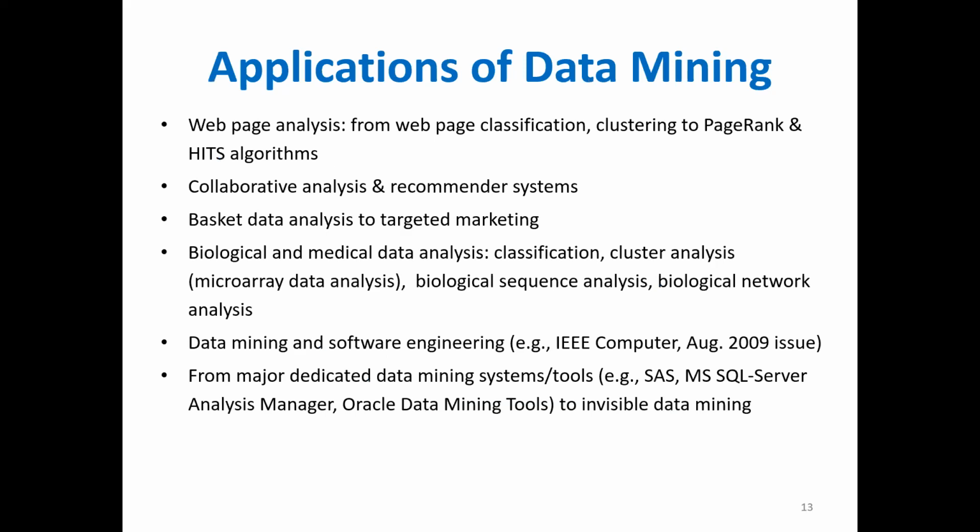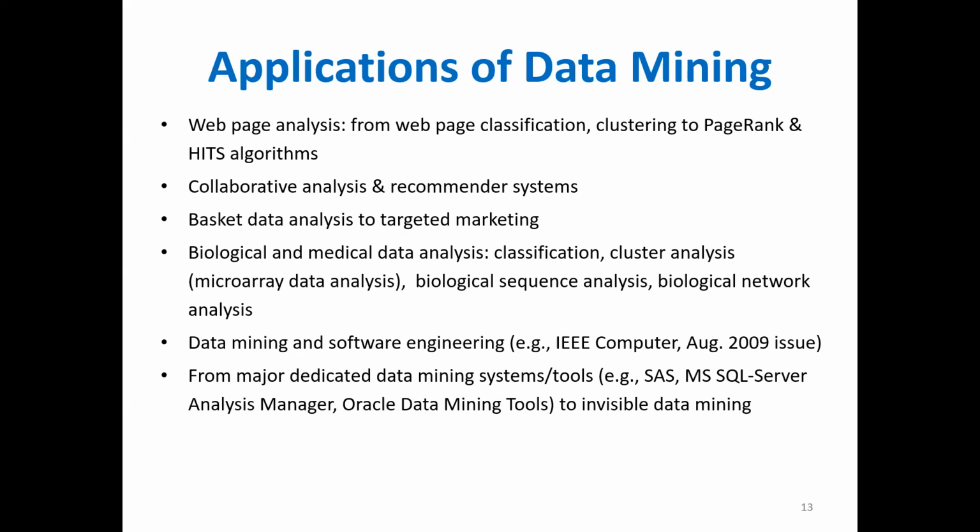Now, what are the different applications of data mining used in today's scenarios? As you already know, when you are searching for anything on Google, Google gives you some results, but those results are based on some classification algorithm. For example, if you type Jaguar on Google, the problem is that Jaguar is a car as well as an animal.